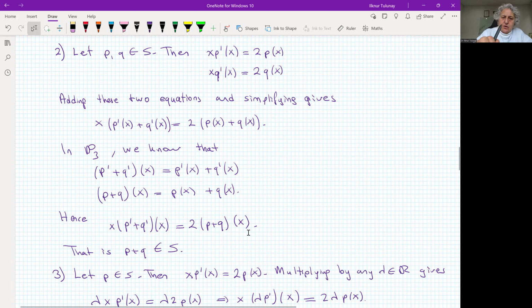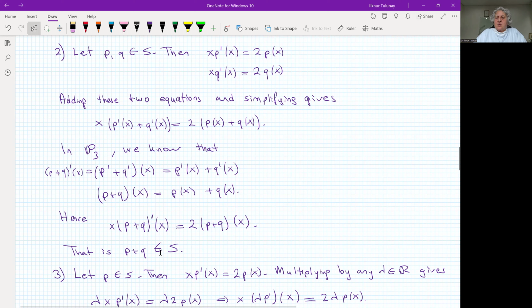Probably I should have written down one more thing here, like saying that P plus Q derivation. This is a P plus Q derivation. I think it is better to take this one in here. There's an x here, there's an x here, and that is a prime.